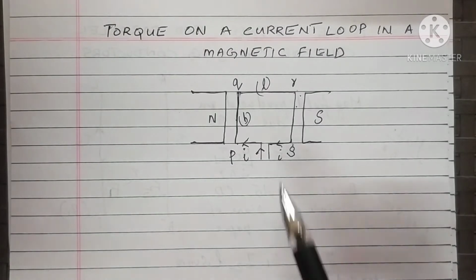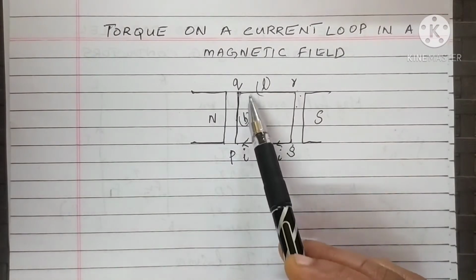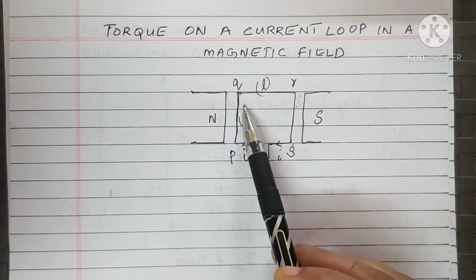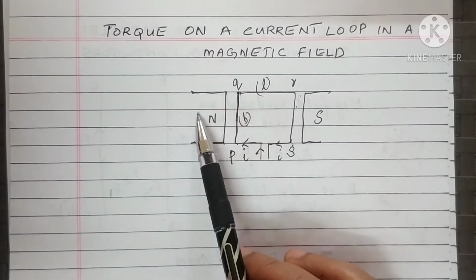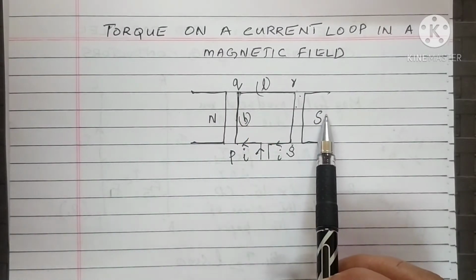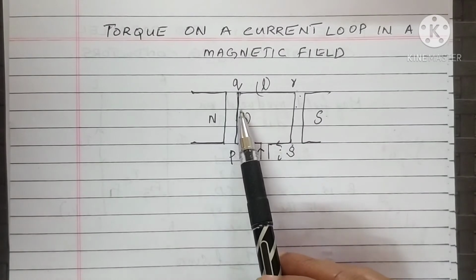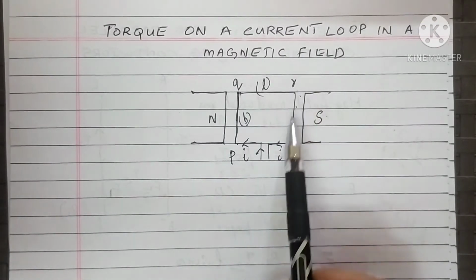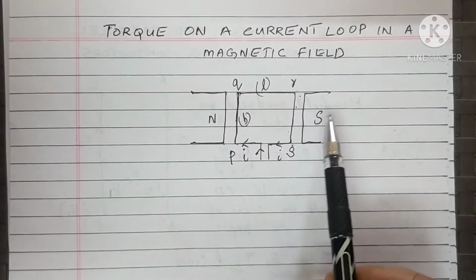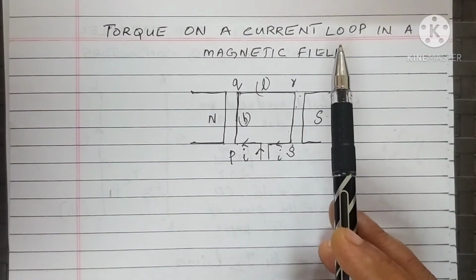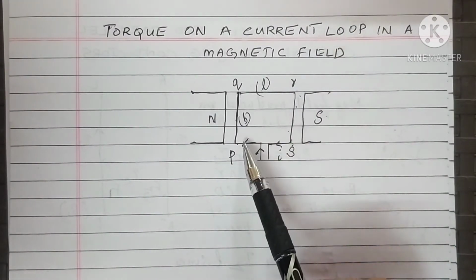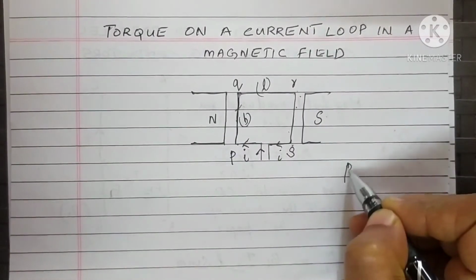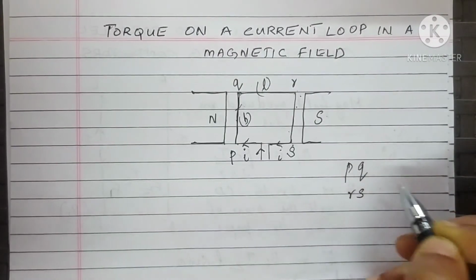Only the side which makes an angle of 90 degrees with the magnetic field will experience a force, but the other two sides PS and QR are parallel to the field, which means theta equals 0. So the force is also 0. So only PQ and RS we need to consider.